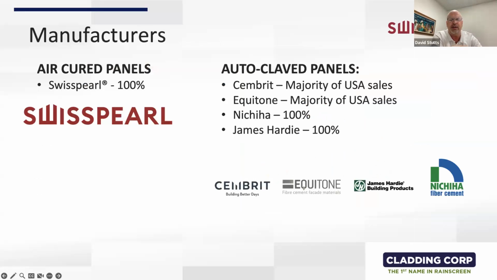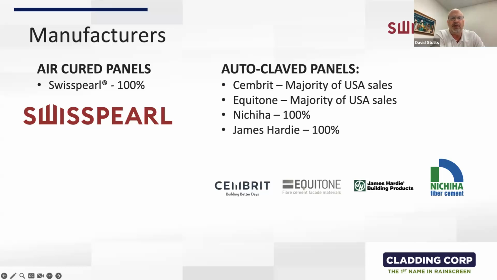But just so you understand where we fit in the world of fiber cement, you have medium density and high density. The products that we're referring to as Swisspearl are high density. There's another company called Sembrit and Equitone. Those are also high density products. Nichiha and James Hardie would be what we would call medium density.